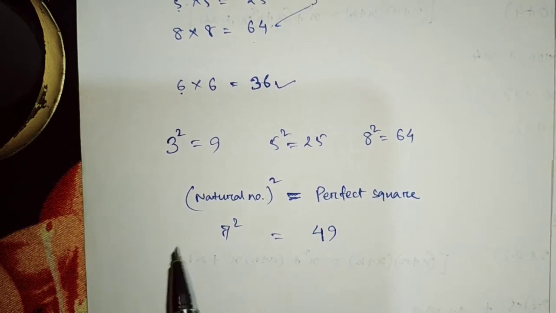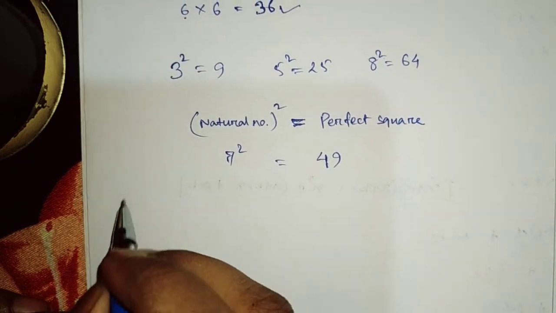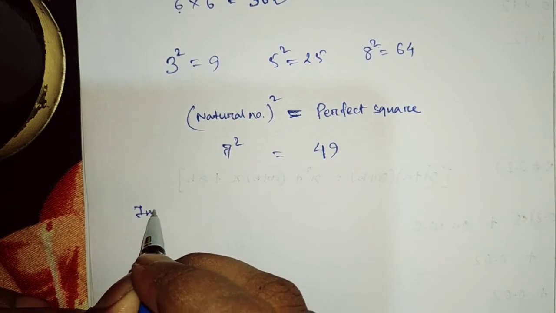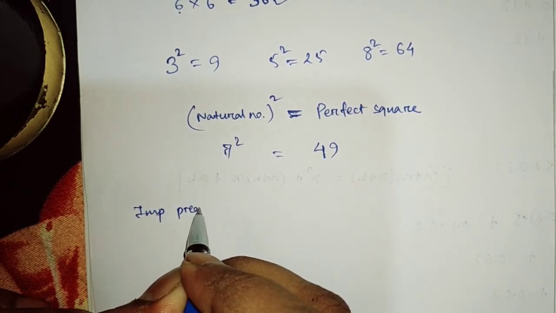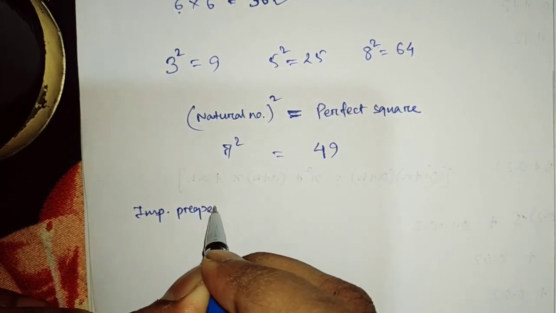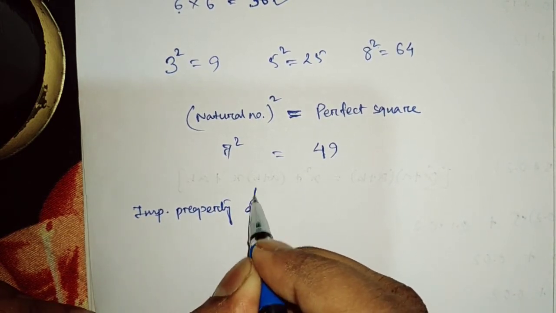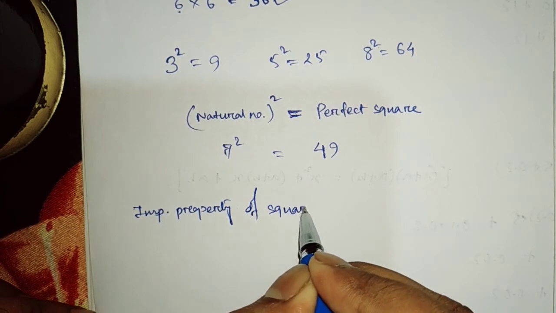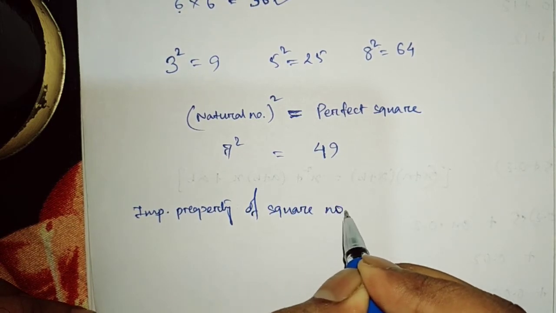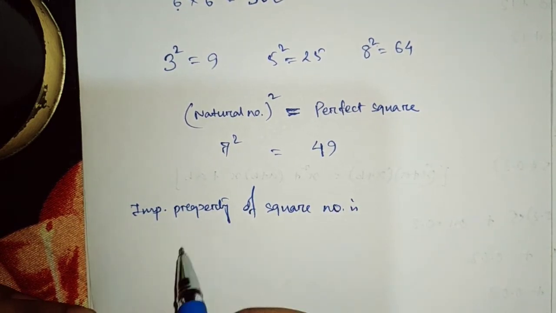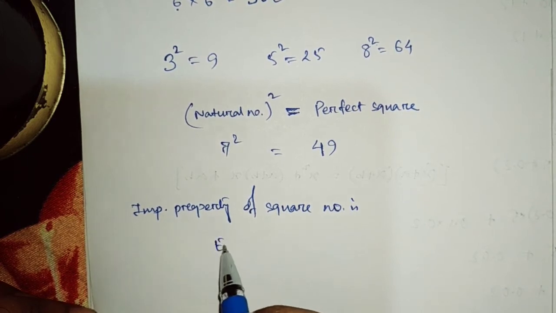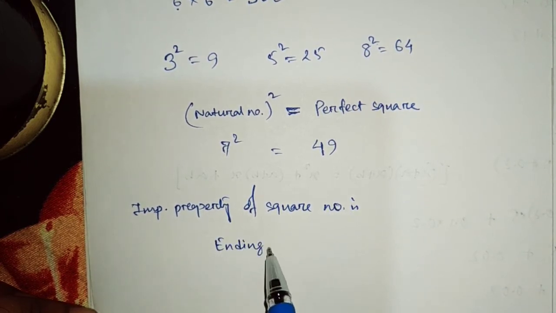One very important property of a square number is its ending digit.